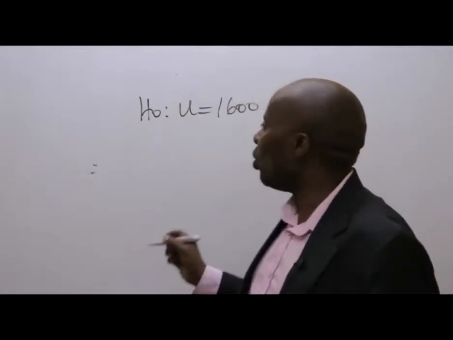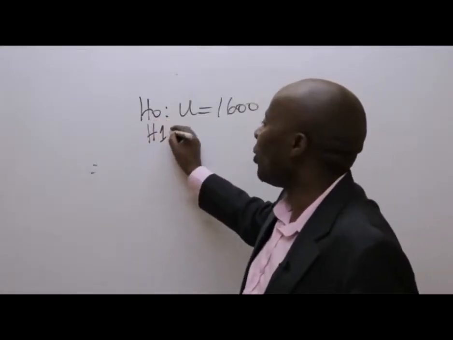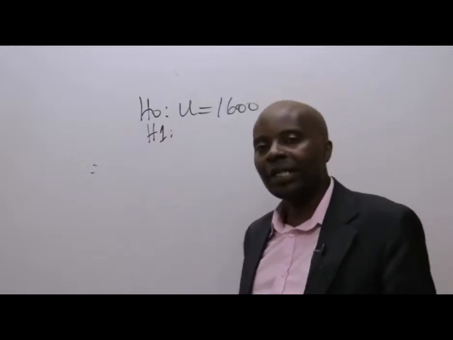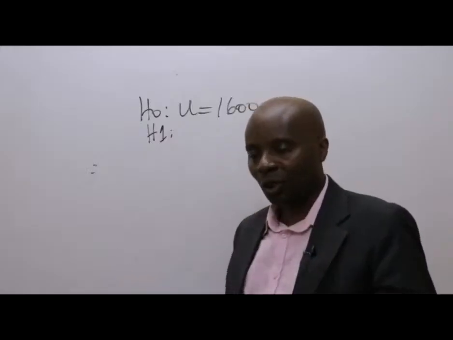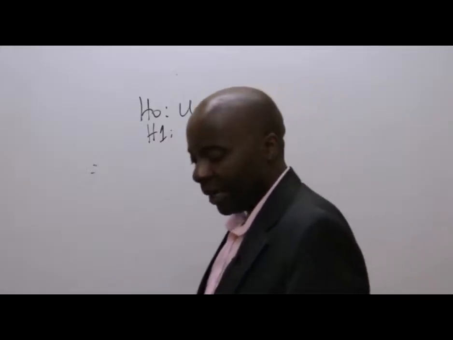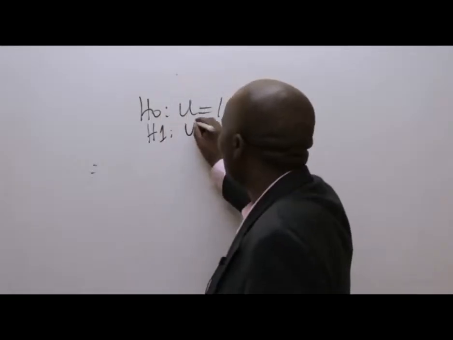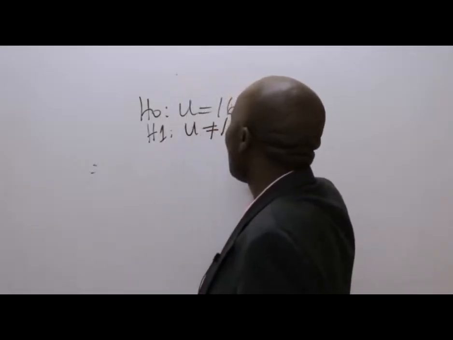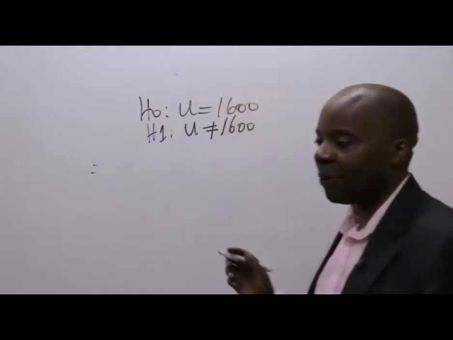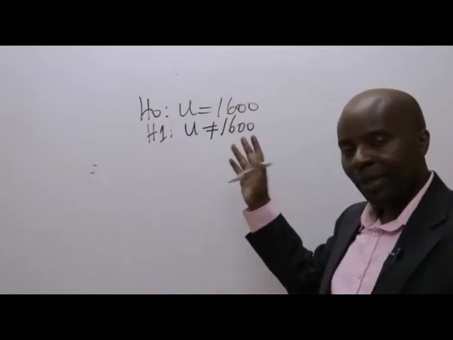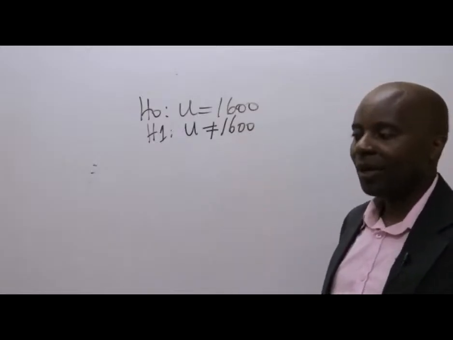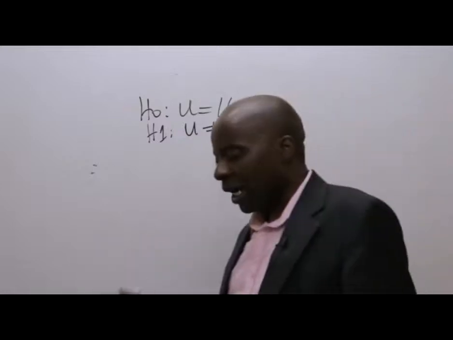Some bulbs will take longer, others shorter. So my alternative hypothesis will be U is not equal to 1,600, because some bulbs will last more time and others less time.